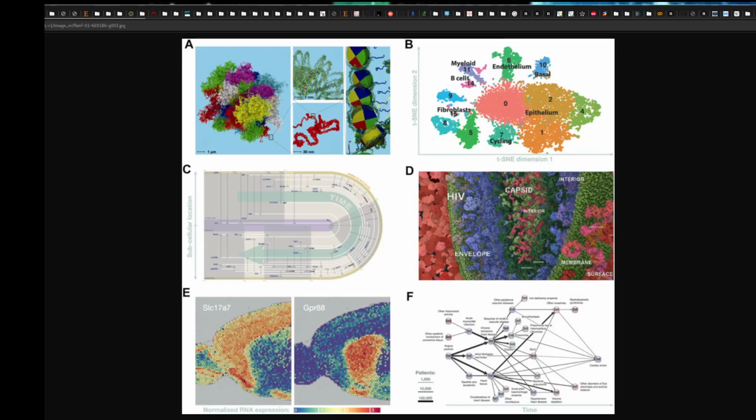Bai, X., McMullan G., and Scheres S.H.W. 2015. How Cryo-EM is Revolutionizing Structural Biology. Trends Biochem Sci 40, 49-57. DOI 10.1016/j.tibs.2014.10.005. PubMed Abstract, Cross-Ref Full Text Google Scholar.